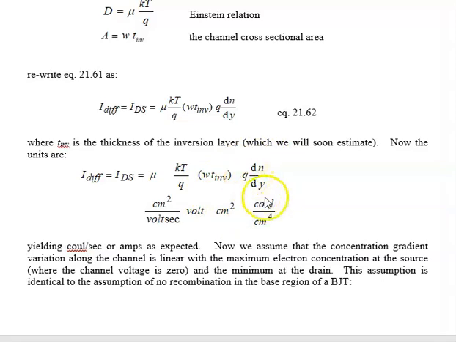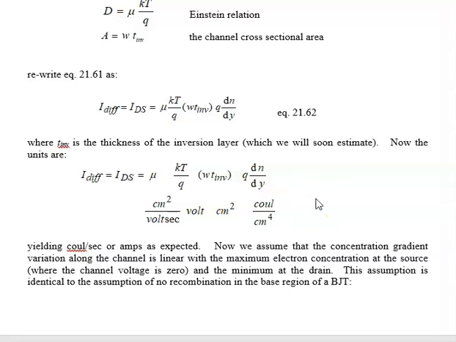That's where the Q is, divided by c to the fourth. The units of N are c to the minus third. Units of Y are centimeters. So the total units here are centimeters to the minus fourth. And if we put all that stuff in, we get coulombs per second, exactly as we would have expected. There's certainly no big surprises there.